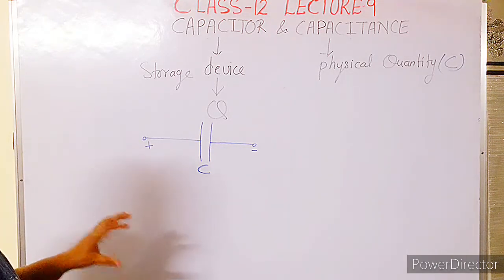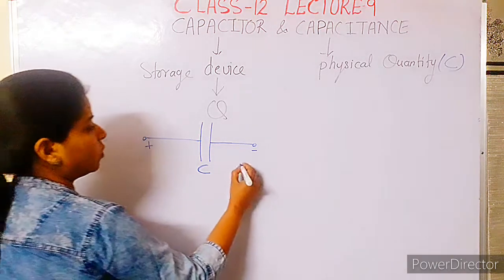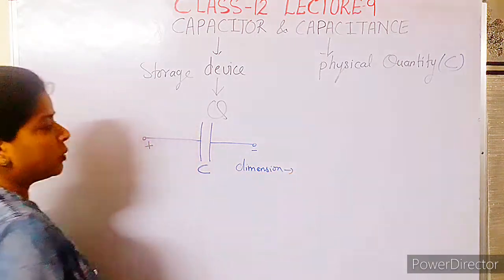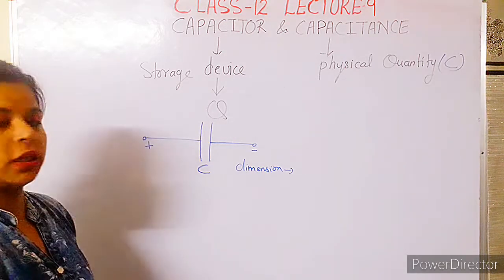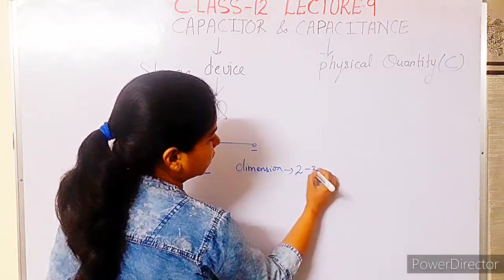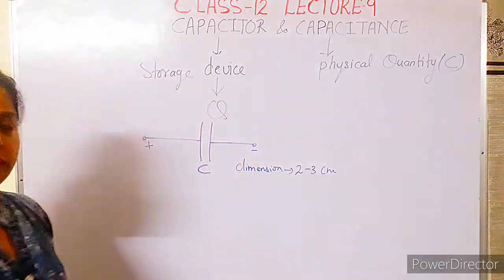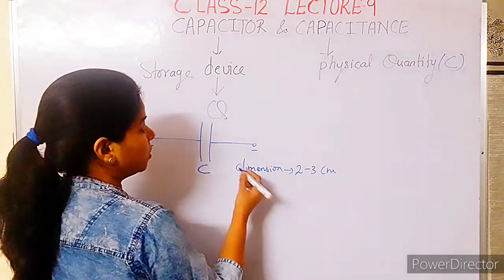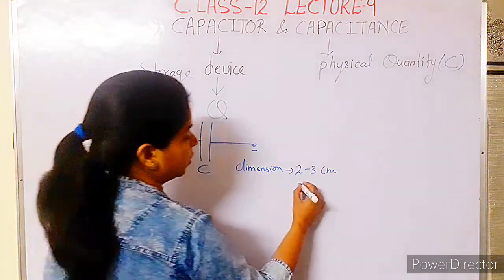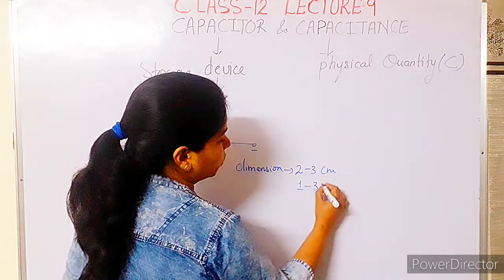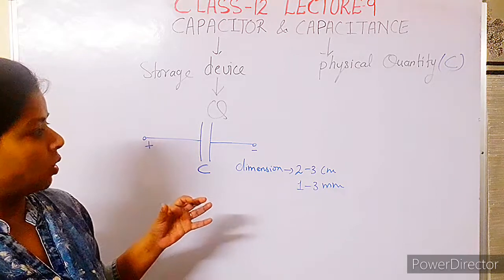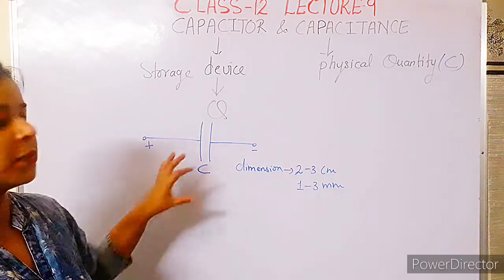As for the dimension of this storage device, the capacitor used in a fan is approximately of the order of 2 to 3 centimeter, and the capacitor used in an electronic circuit is about 1 to 3 millimeter. You can judge how small a capacitor is.